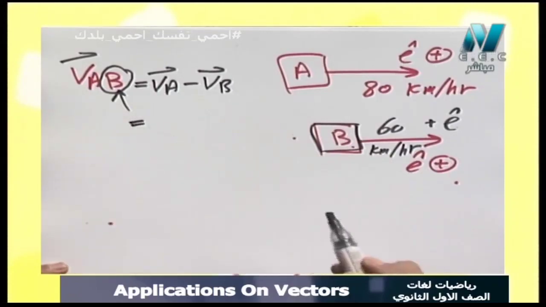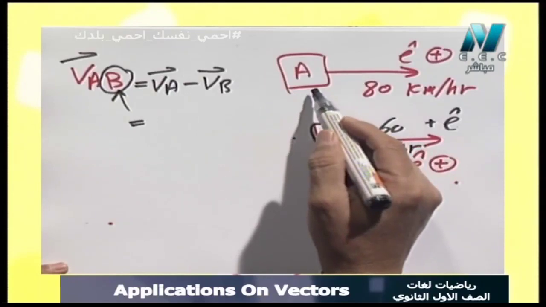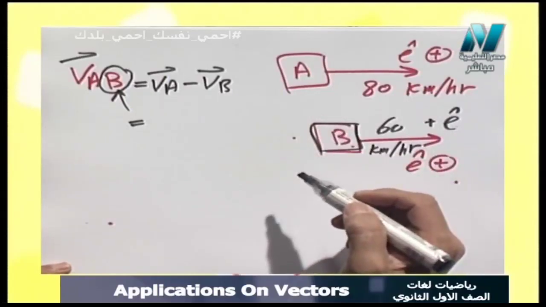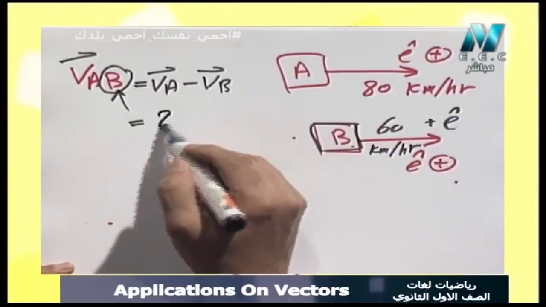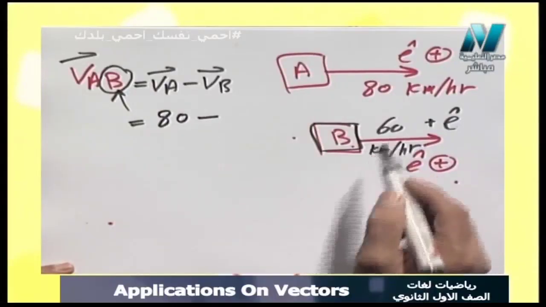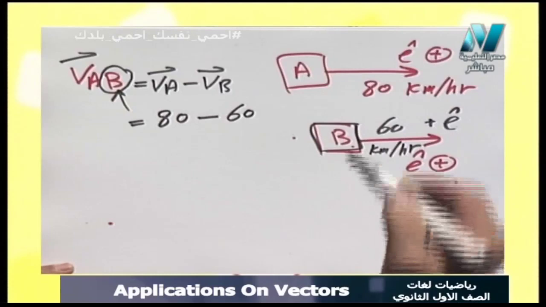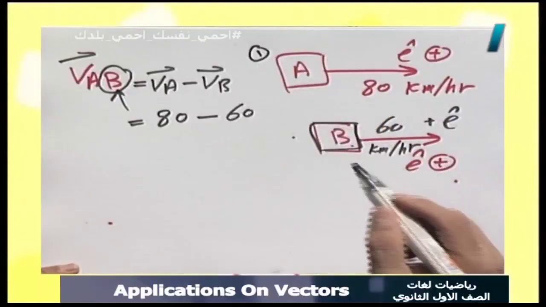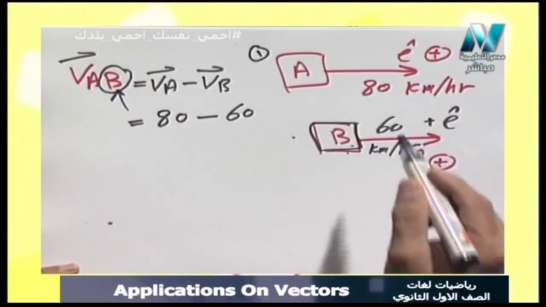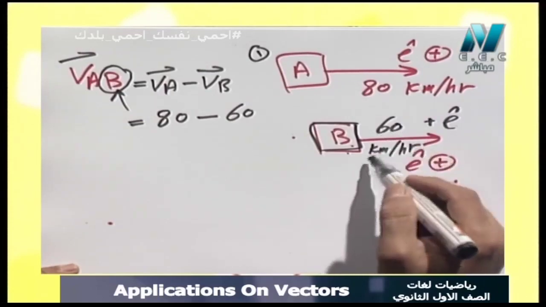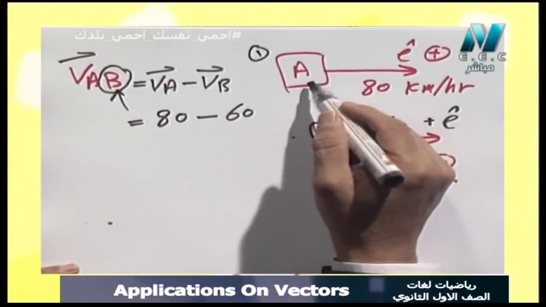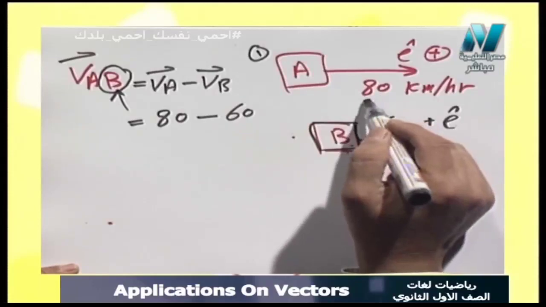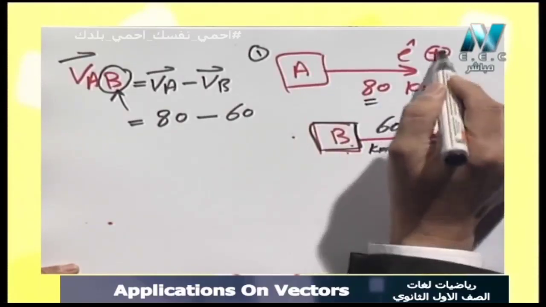Okay, what is VA? VA here is the velocity of the car beside the driver who watches it. So VA here is 80 km/h minus VB, which is 60. These two cars are in the same direction. The observer moves in this direction, which is positive, at 60 km/h, and the car A moves on the same road in the same direction at 80 km/h, and it is positive also.